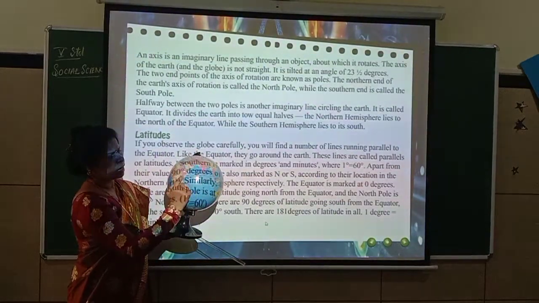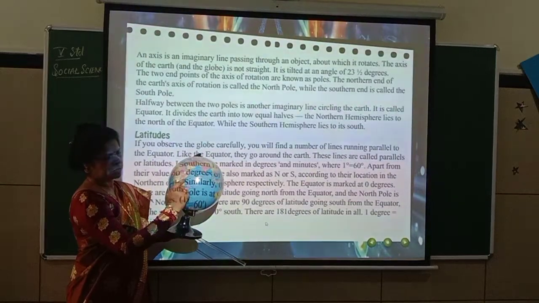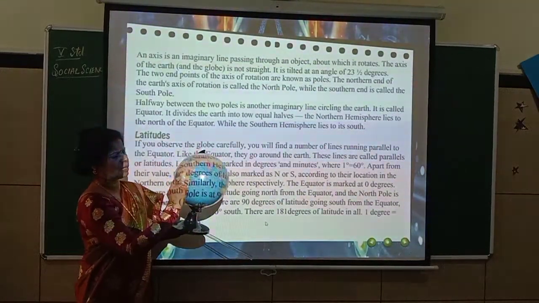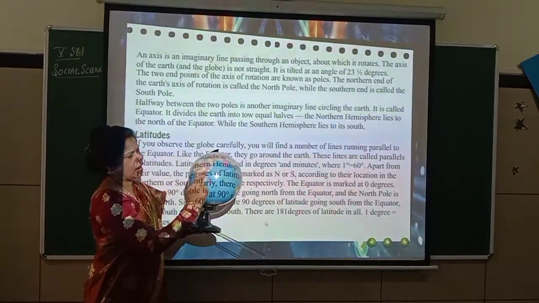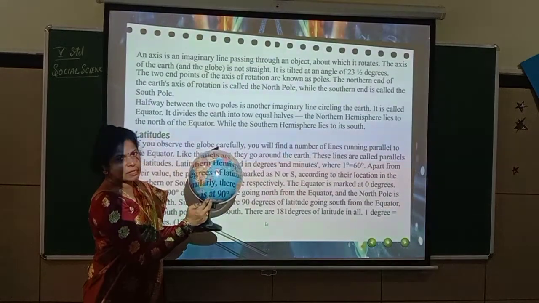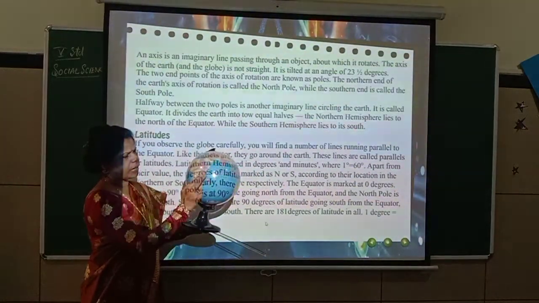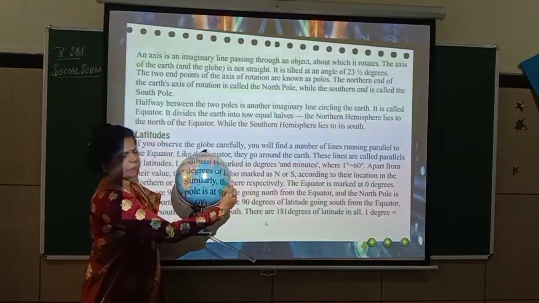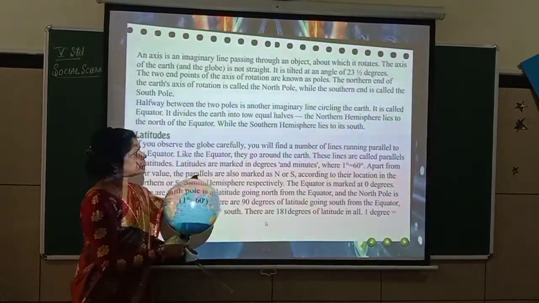So this middle line is called the equator. Just above this equator we call it the northern hemisphere, and below this equator we call it the southern hemisphere. So it is divided into two halves, northern hemisphere and southern hemisphere, and this middle line or central line which is passing through the earth is called the equator, which is at 0 degree.